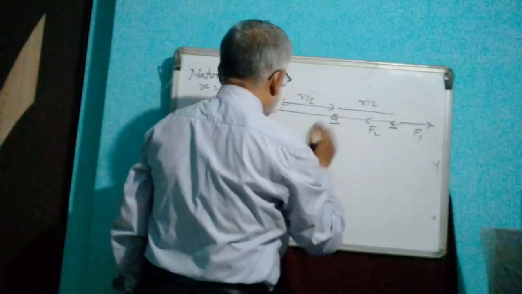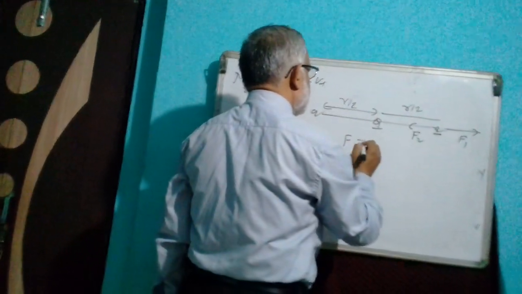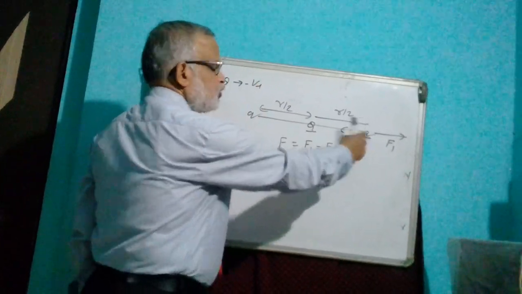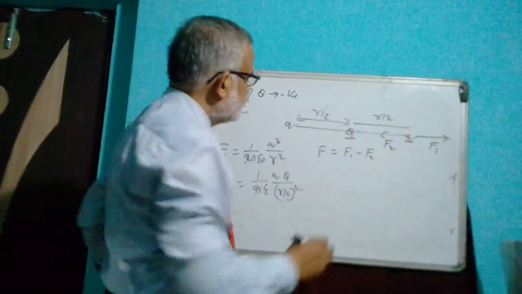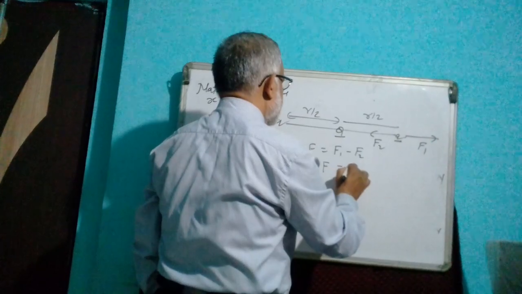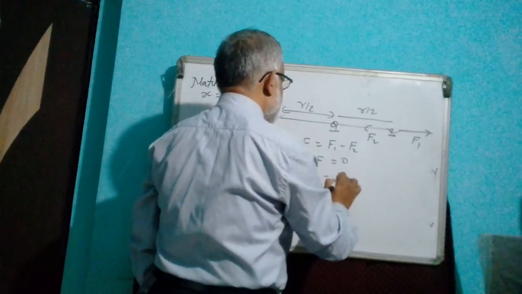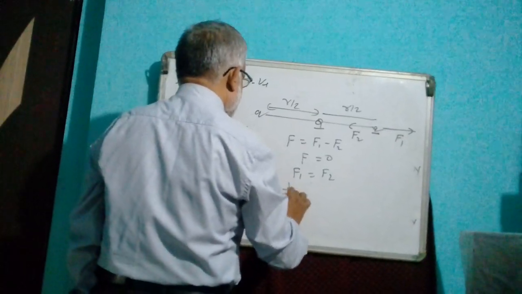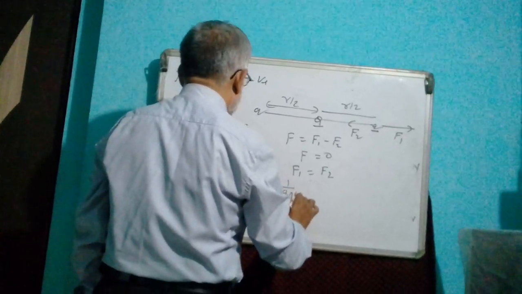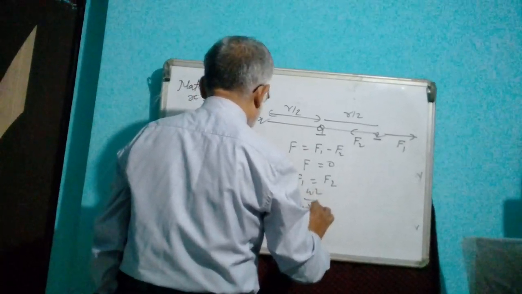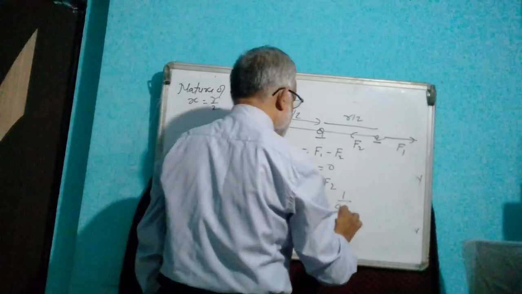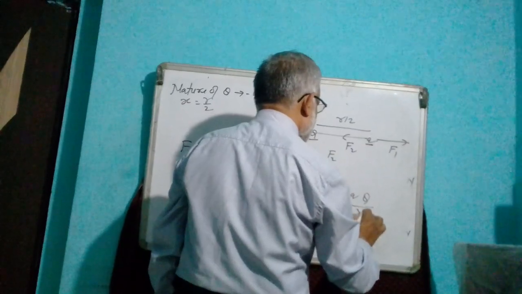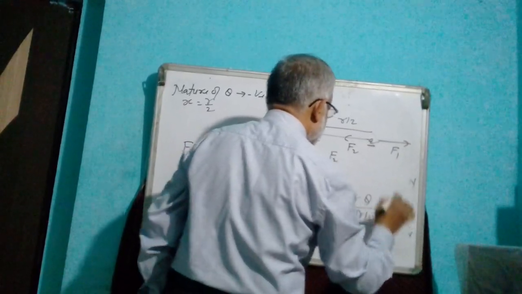Net force on small q, F equals F1 minus F2. It is in equilibrium, so the net force is 0, that is F equals 0, F1 equals F2. Solving this equation, 1 upon 4 pi epsilon naught Qq upon R square equals 1 upon 4 pi epsilon naught Qq upon (R by 2) square.